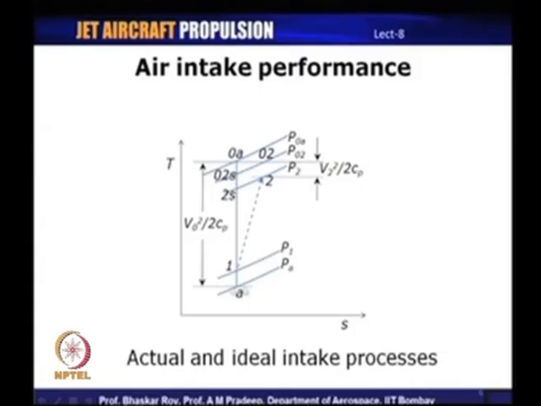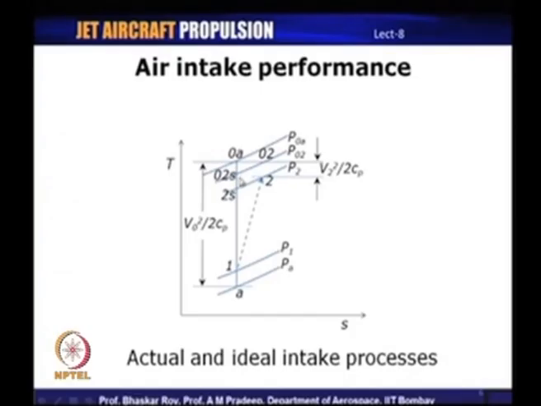It would be equal to the static pressure P A plus V naught square by 2, and that is given by P 0 A. So, P 0 A corresponds to the total pressure of the intake if there were no losses at all, whereas P 02 corresponds to the total pressure in the presence of losses, which means that P 02 is always less than P 0 A, and for all engines P 02 will be less than P 0 A.